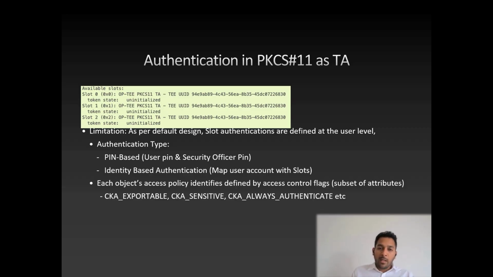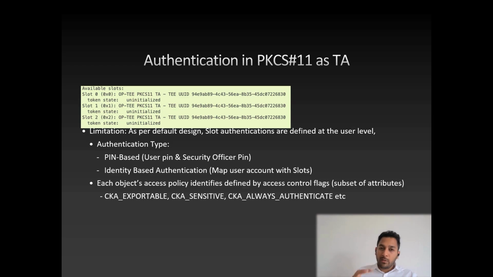As you can see, there are three slots: slot 0, slot 1, slot 2. If you are using a physical HSM, each slot would refer to each physical HSM. But in this case, we are not using physical, so it's a virtual emulated HSM.